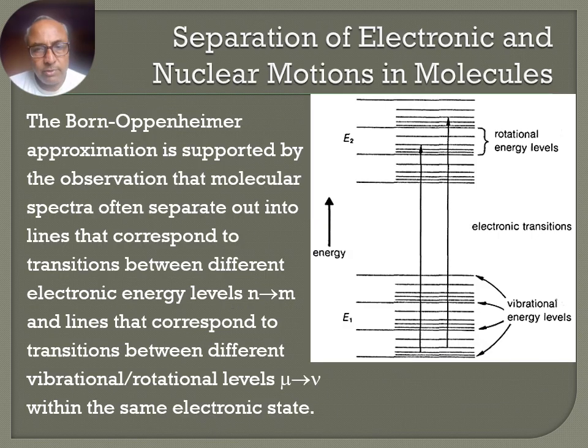The support for the Born-Oppenheimer approximation comes from the observation that molecular spectra often separate out into lines that correspond to transitions between different electronic energy levels and lines that correspond to transitions between different vibrational or rotational levels within the same electronic state.